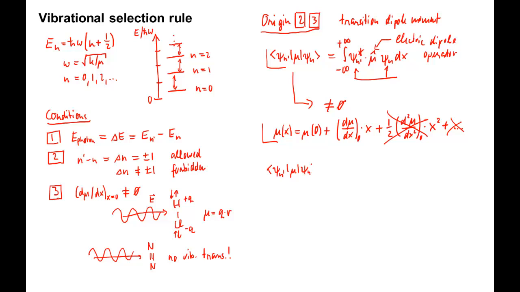bracket psi n prime mu psi n equals mu 0 times bracket psi n prime psi n plus d mu dx at position 0 times bracket psi n prime x psi n.